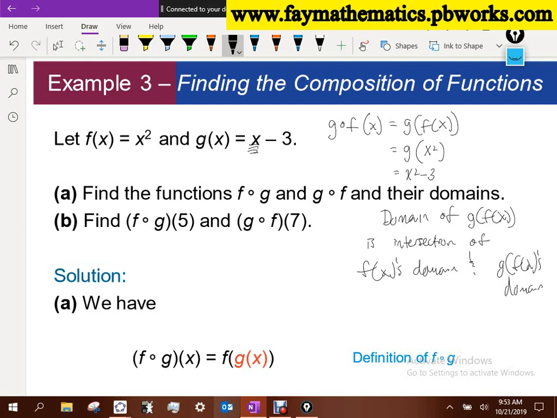Does that make sense? So what is f of x's domain? All real numbers. So that is negative infinity to infinity. And now we have to look at our final production, x squared minus 3. What's x squared minus 3's domain? All real numbers.